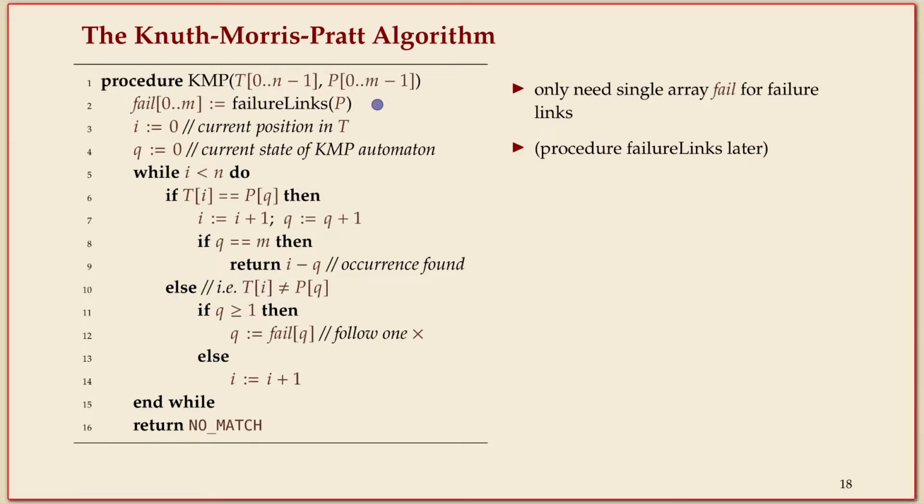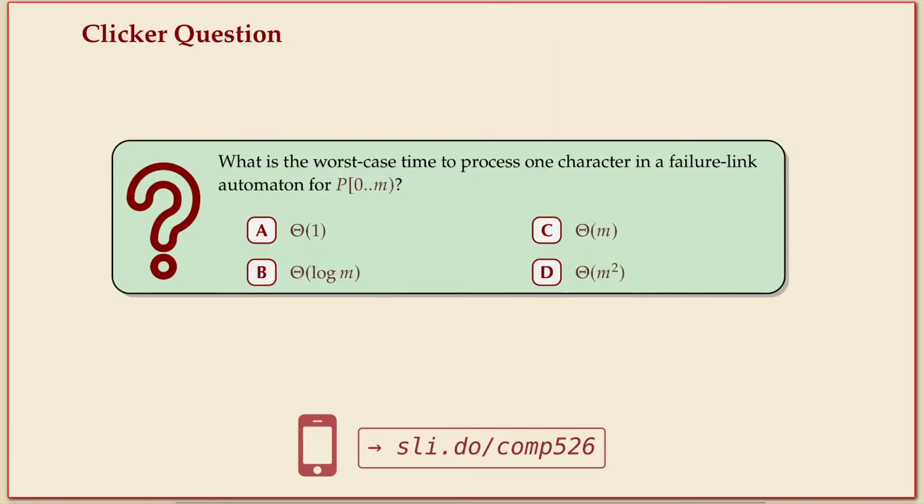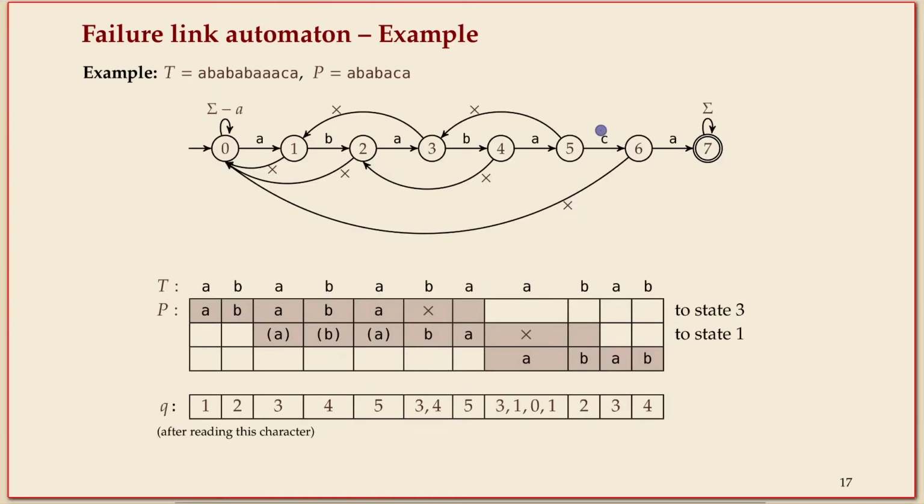One obvious thing about the automaton that I haven't stated: it doesn't need a transition function for every state and every character. It just needs one failure link for each state. We don't even need these other things because it's implicit in the pattern. I know what the label of each of these edges is. It's just the corresponding character of the pattern.